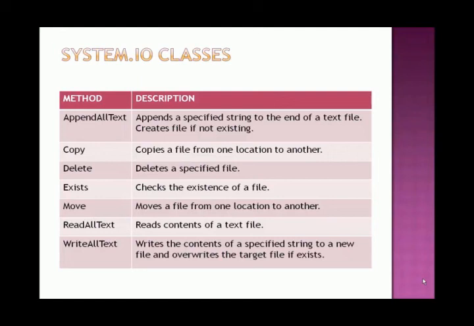So for example, if you had the text like this is a line, and you wanted to add this at the end of your file, you just append all text, parentheses, and then you put your text string in quotation marks, or if it's in a string variable, you put the name of the string variable in it. You could copy a file from one location to another with the copy method. The delete method takes a specified file and deletes it from your hard drive or your drives.